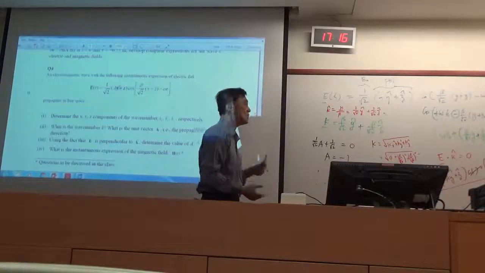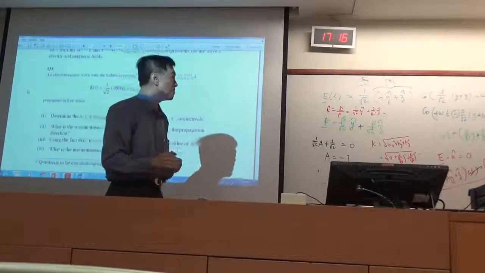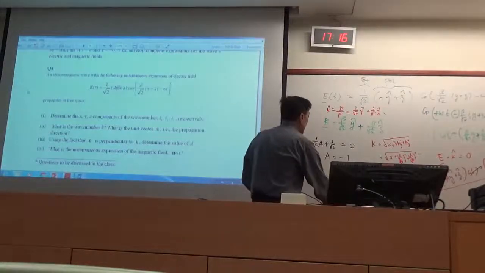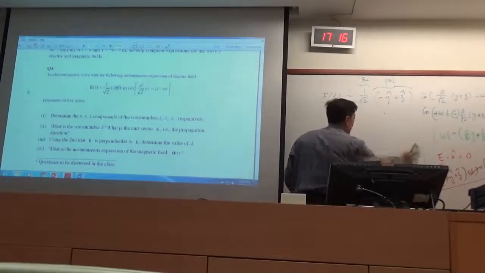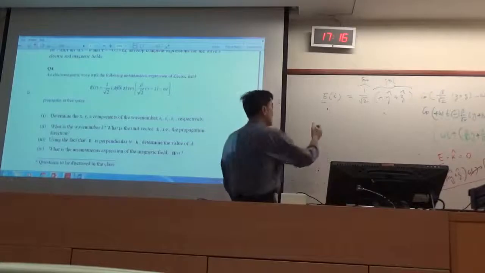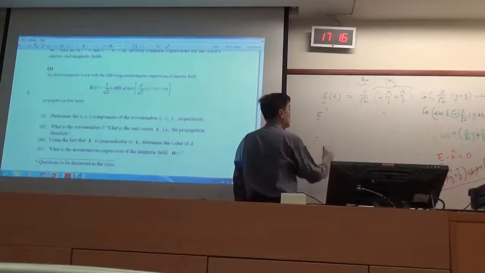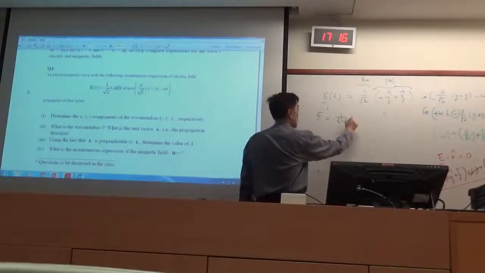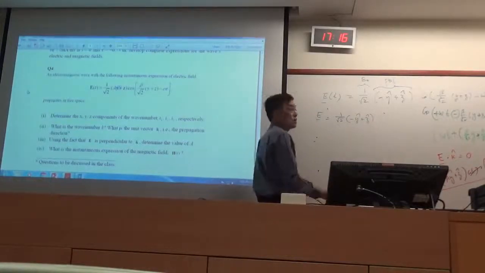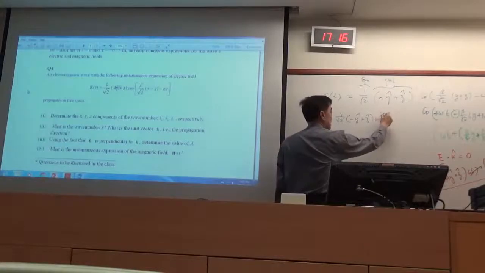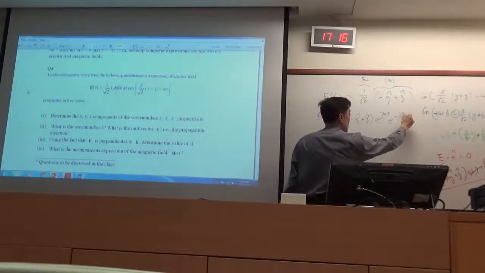Alright, so now we have the complete expression for the instantaneous form of the electric field. And now it wants the instantaneous form of the magnetic field. Alright, once again, my E now is equal to 1 over square root 2, the polarization is there, and the phasor form e^(j omega t) e^(-j beta (y plus z)/square root 2).